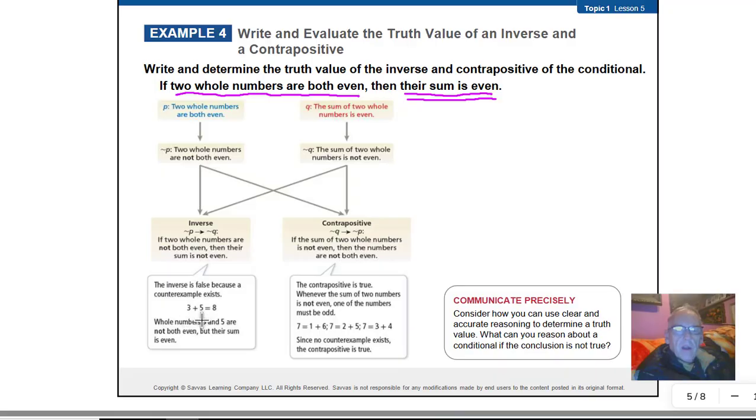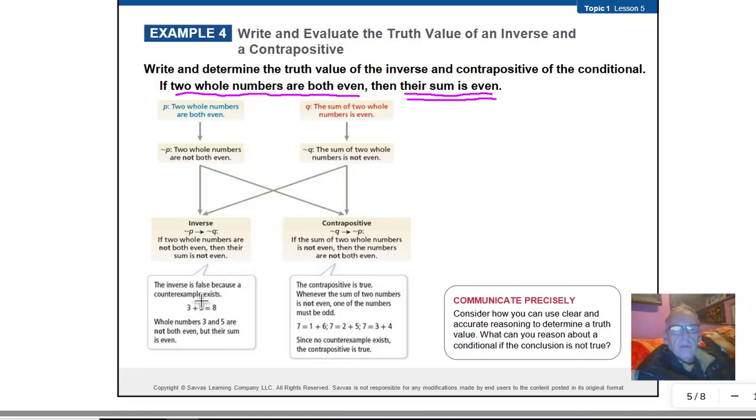so they're both odd. If one is even and one is odd, it seems like it might work. But not both even means one could be odd, one could be even, or they both could be odd. Well, in the case of both of them being odd, these two add up to 8, and that's an even number.